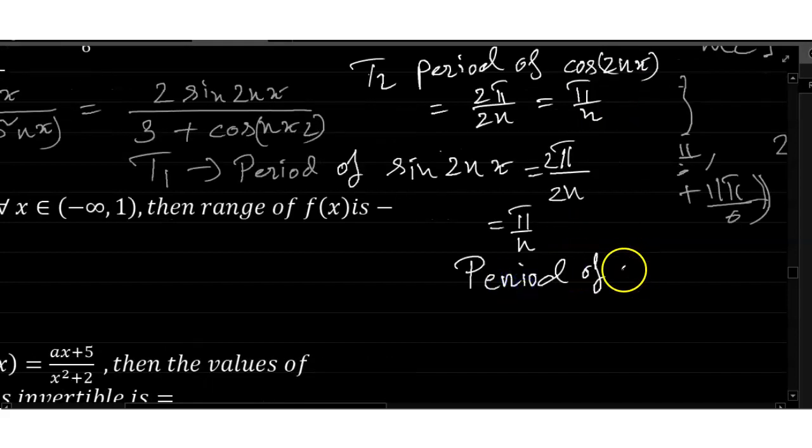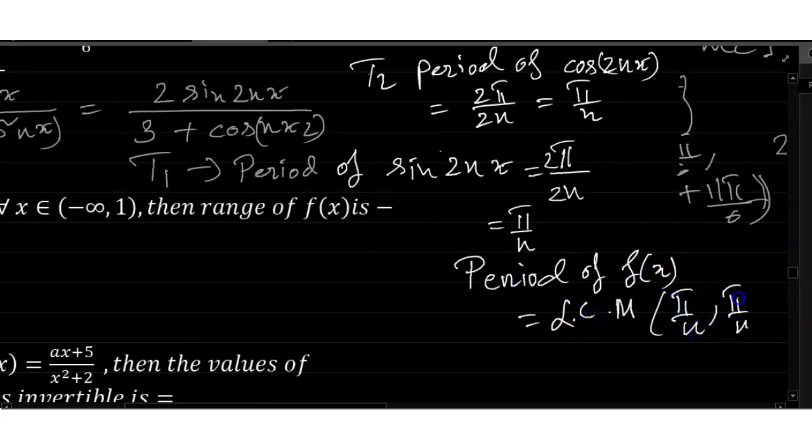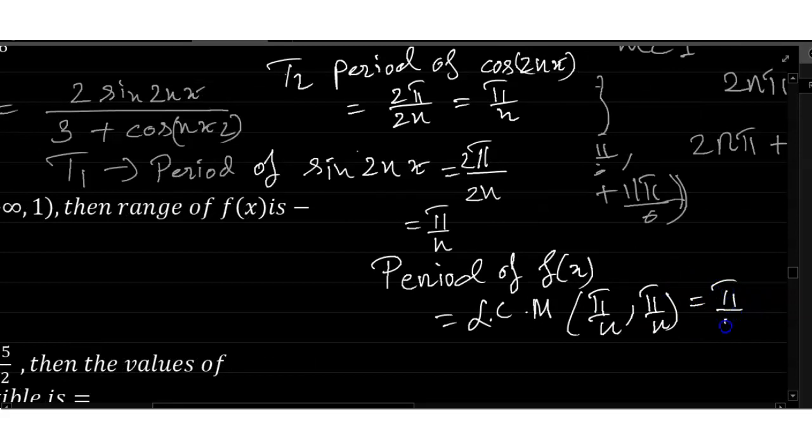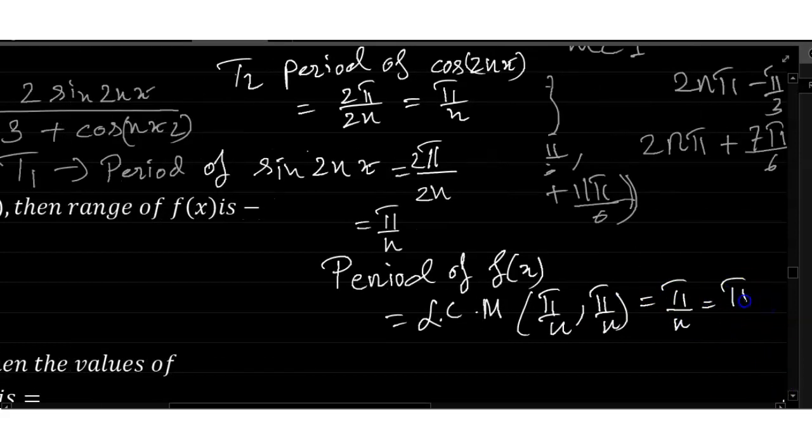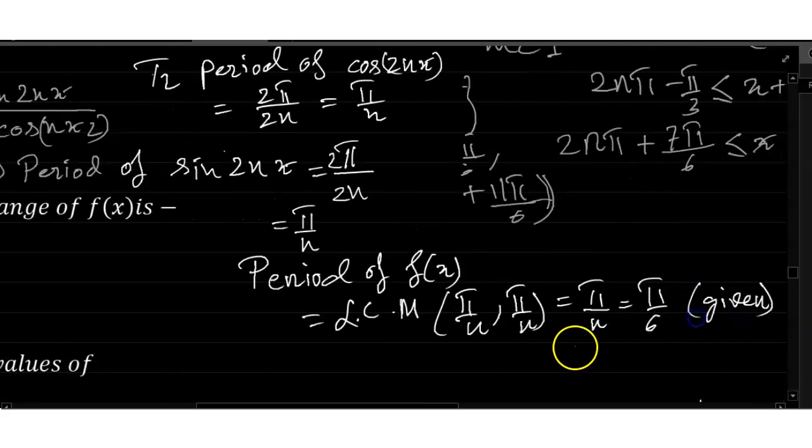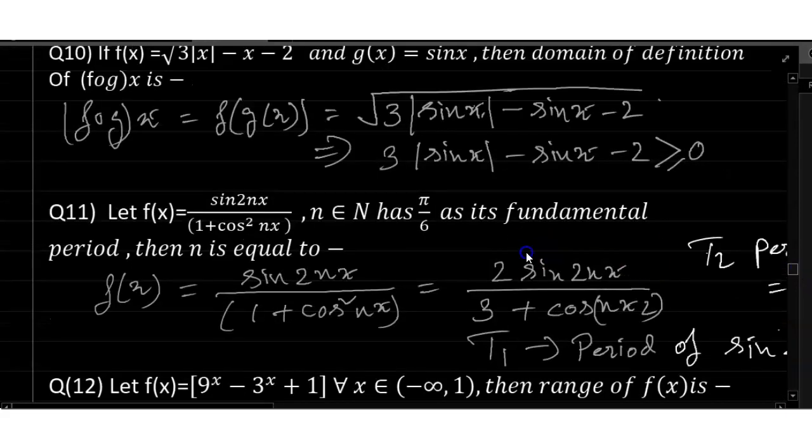Period of f(x) equals LCM of pi by n comma pi by n equals pi by n equals pi by 6. It is given. So n equals 6. The fundamental period is pi by 6.